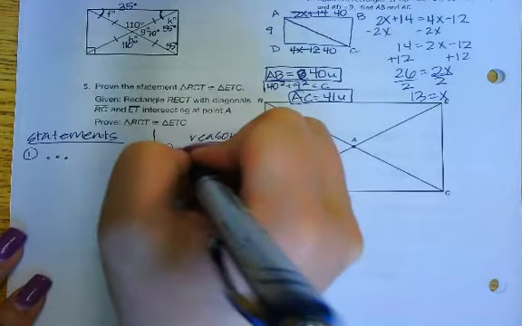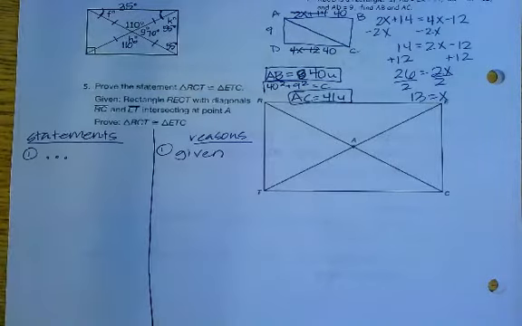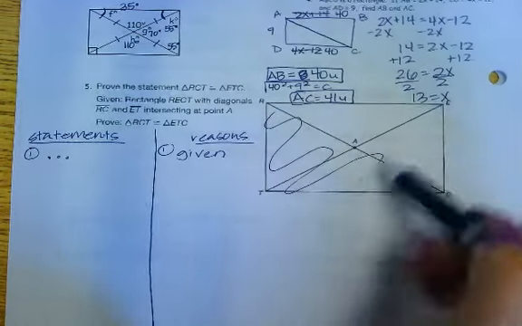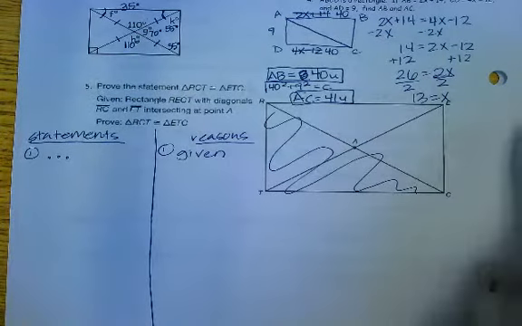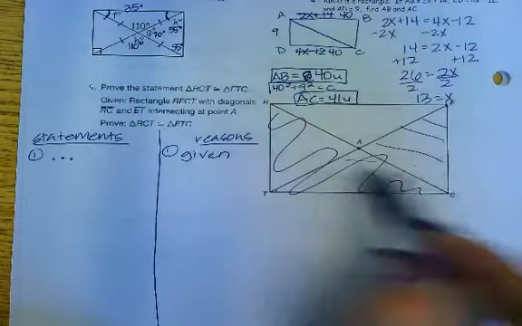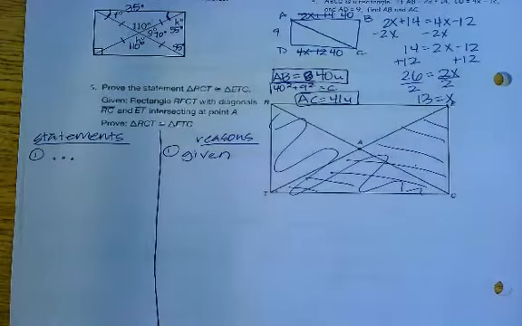Rectangle RECT with diagonals RC and ET intersect at point A. Prove that RCT, so this big triangle here, is congruent to ETC, so this triangle. Okay, somebody give me something that we know based off the fact that this is a rectangle.